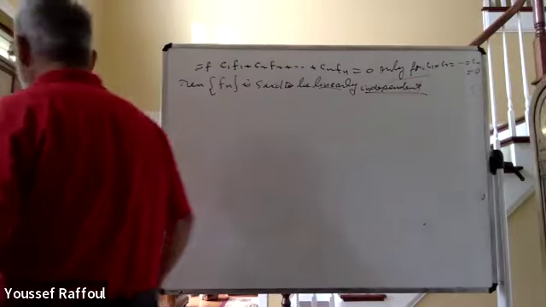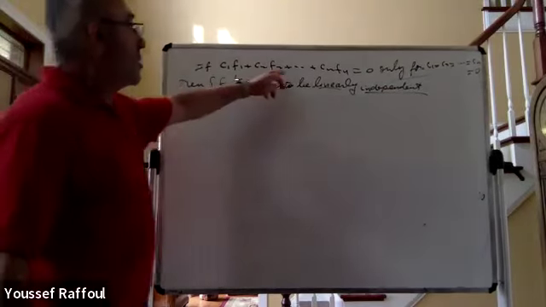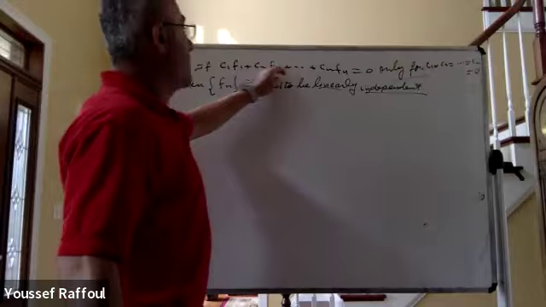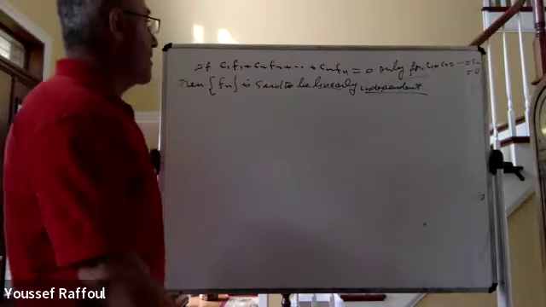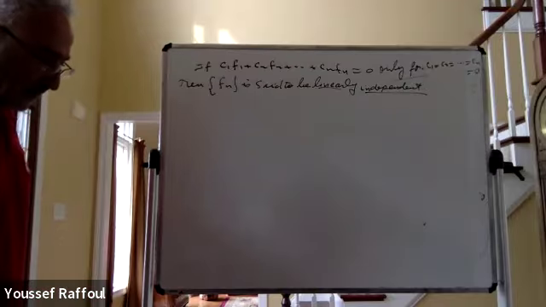Okay? So that means if this only holds for all the c_i's equal 0, then the set is said to be linearly independent.